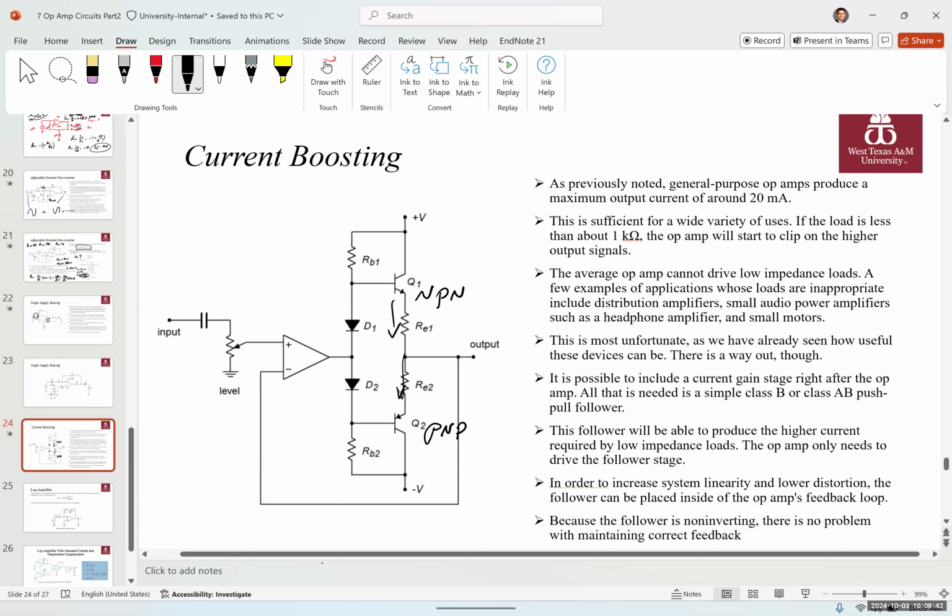You can produce large output currents. The op amp here acts like the base controller for the transistors and controls the switching and the forward and reverse bias of the diodes as well.